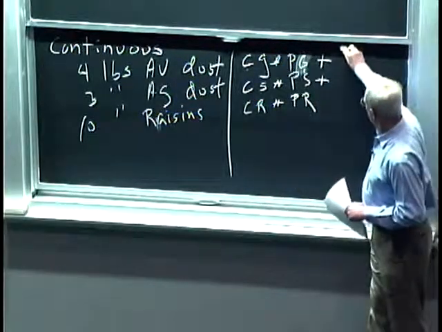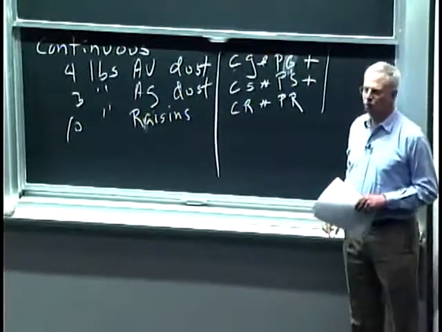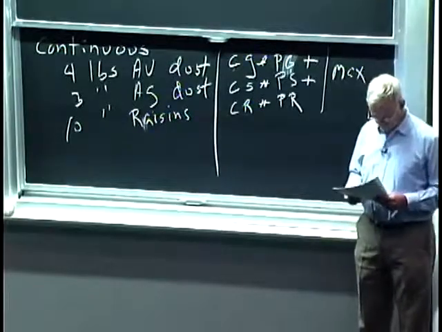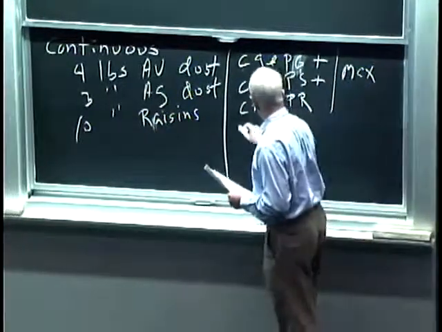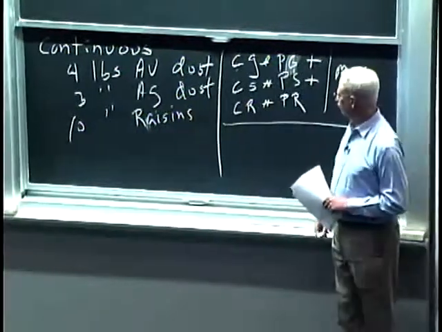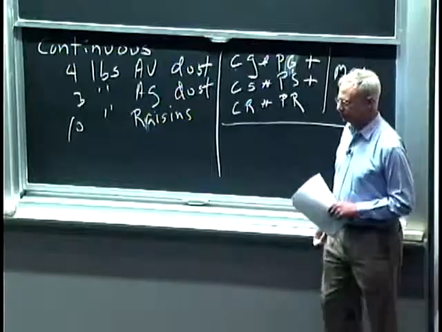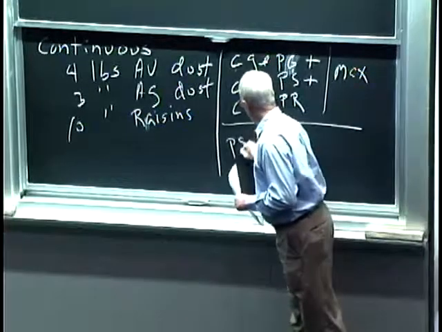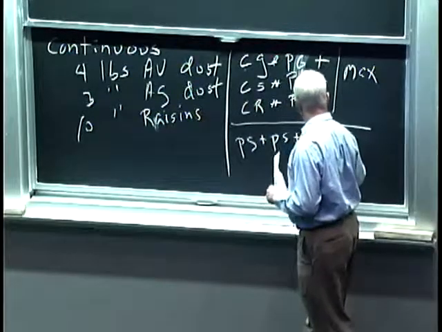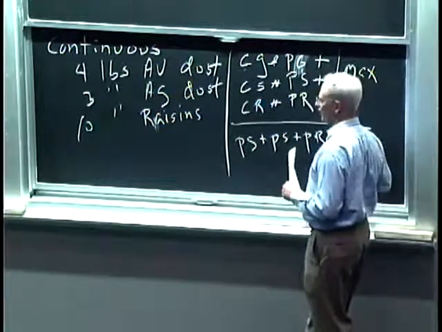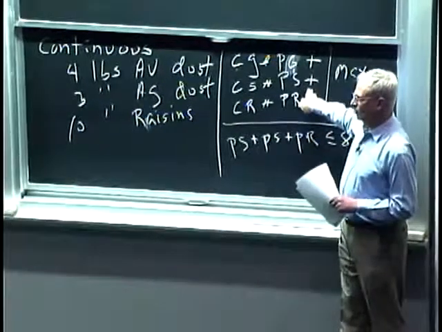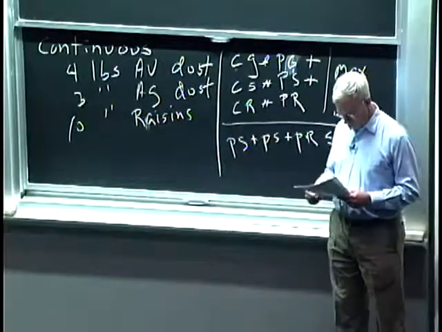So that's the function I want to maximize. And the constraint is what? It's that the pounds of gold plus the pounds of silver plus the pounds of raisins is no greater than 8. So I've got a function to maximize and a constraint that must be obeyed.